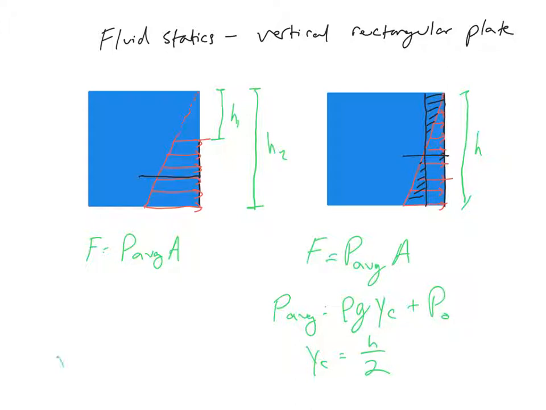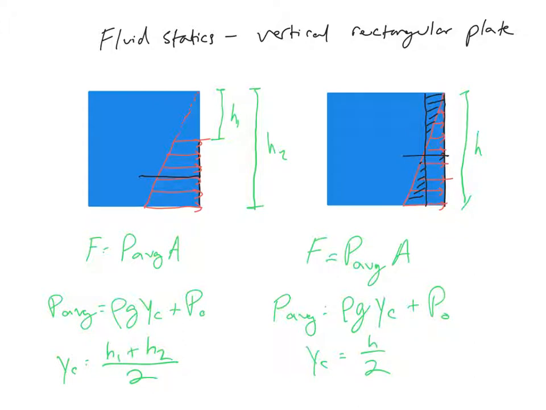And so now my y sub c is going to equal h1 plus h2 divided by 2. And my P average is still the same. P average equals rho g y sub c plus P0.